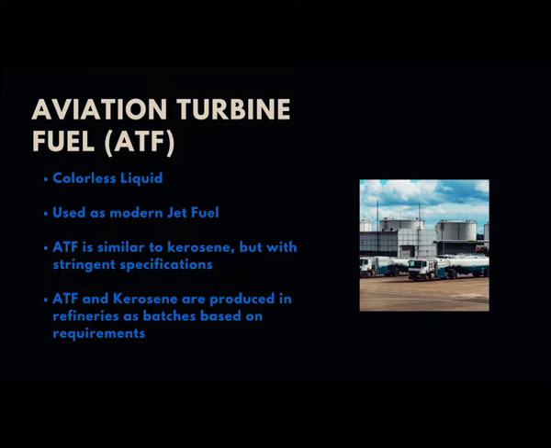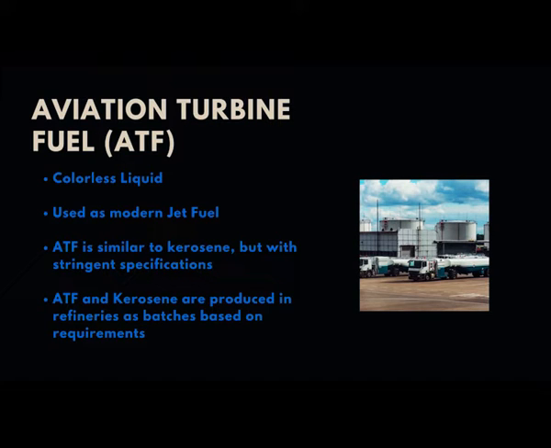Then we come across the next product from the refinery, which is known as ATF or aviation turbine fuel. Again, this is also a colorless liquid, almost similar to kerosene, but here the specifications are very much stringent, and it is used as a modern jet fuel. ATF and kerosene are produced in refineries in batches based on the requirement.